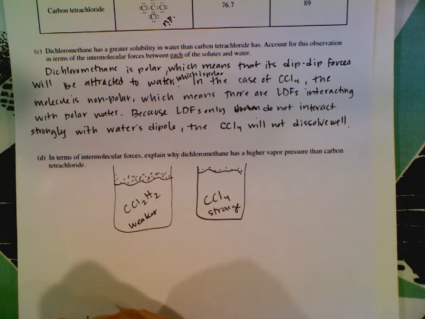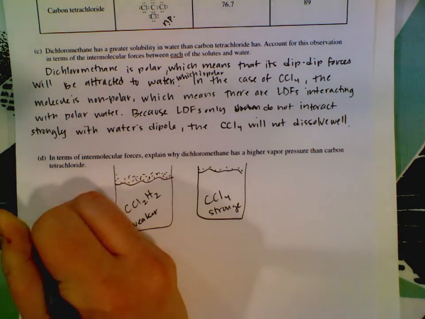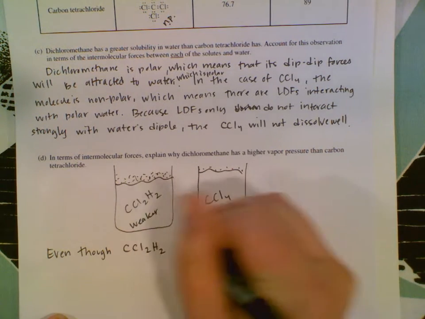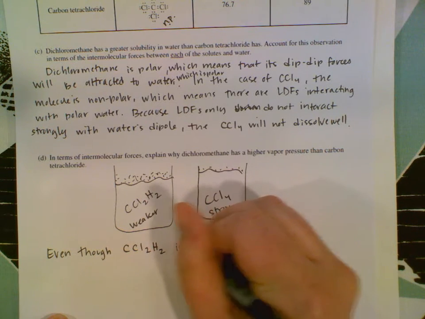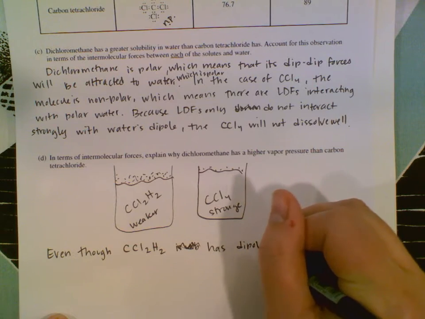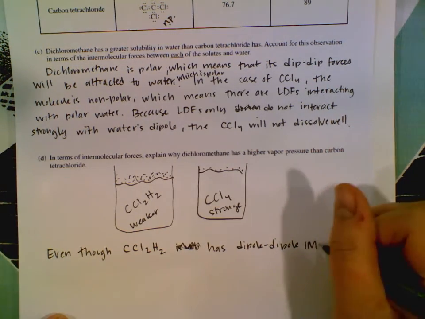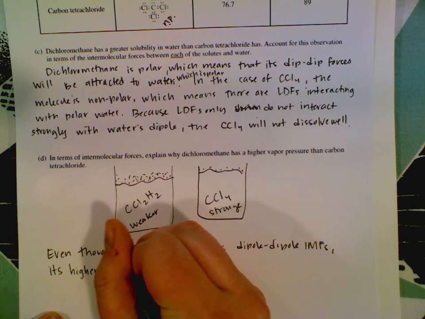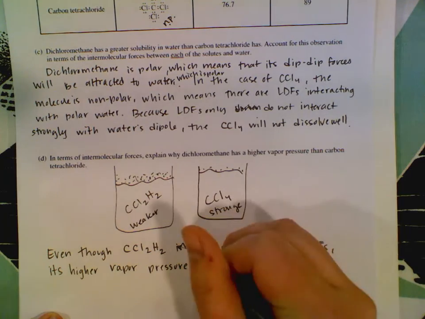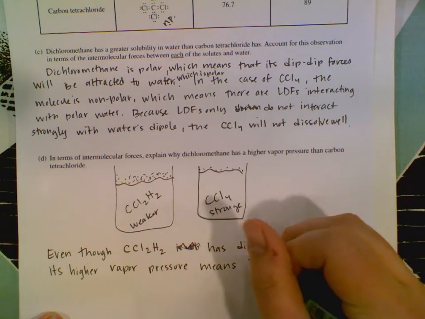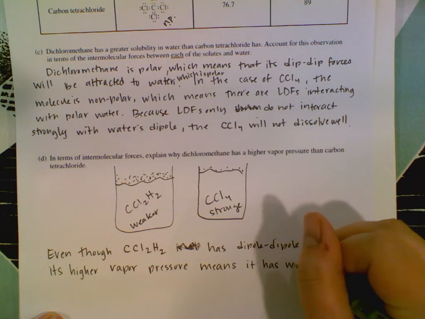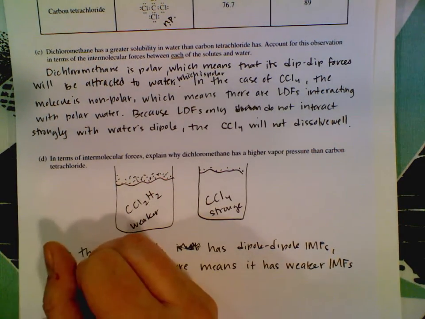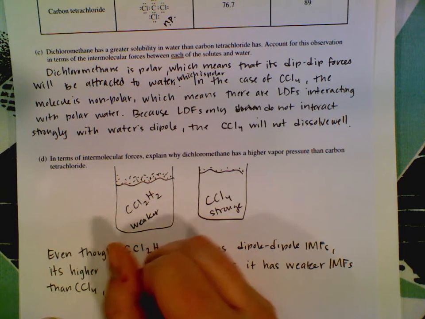So what I need to write in here is basically that discussion. So I would say, even though CCl2H2 has dipole IMFs, its higher vapor pressure means it has weaker intermolecular forces than CCl4, which only has London dispersion forces.